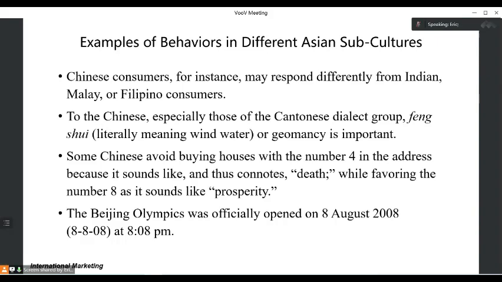In some buildings there is no 13th floor. That means the cultures of different countries are different. We should know this if we are marketers who want to produce something. Number 4 is not good in China, but number 13 is not good in Western countries.